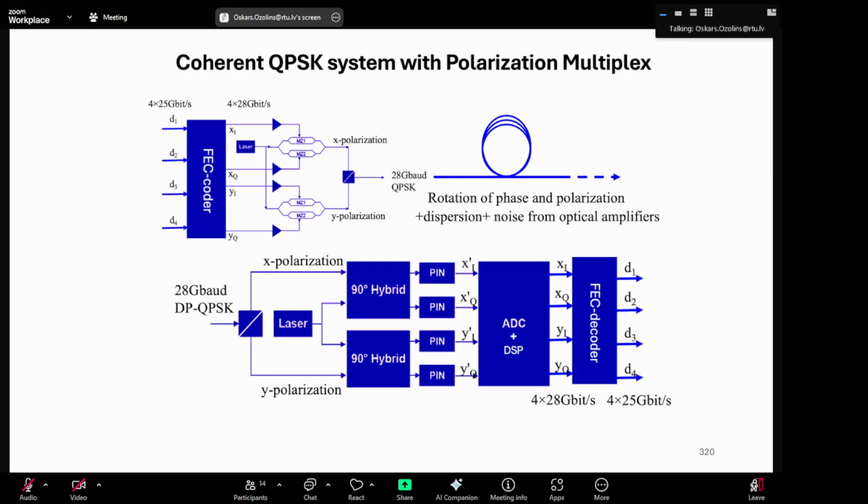There is also one more thing which we are not going to cover deeply in this course. It is related to forward error correction. Effectively, you are transmitting 100 gigabits per second, which is 4 times 25 gigabits. Due to this forward error correction, you need to add parity bits.